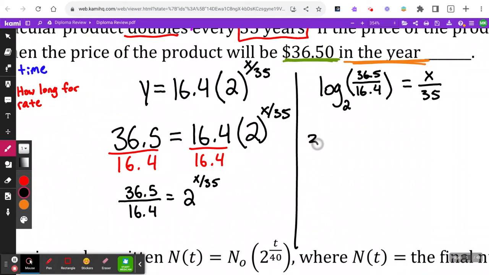Multiply the 35 over. Throw that in your calculator.